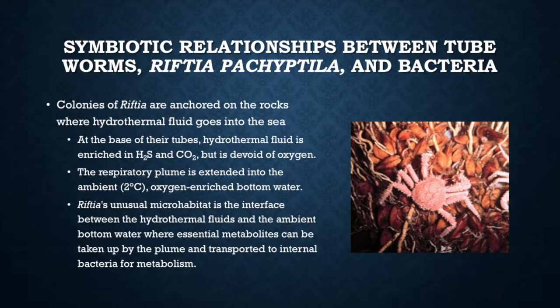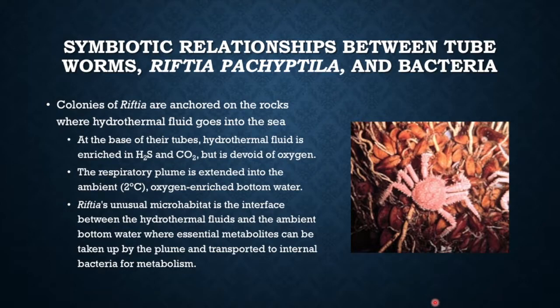And colonies of this Riftia are anchored into rocks. Here you can see a cute little picture of one of the crabs, one of the organisms that live around hydrothermal vents, on top of all of these tube worms. And lots of these tube worms, thousands upon thousands of them, especially you'll see in the next picture, live on these vents.